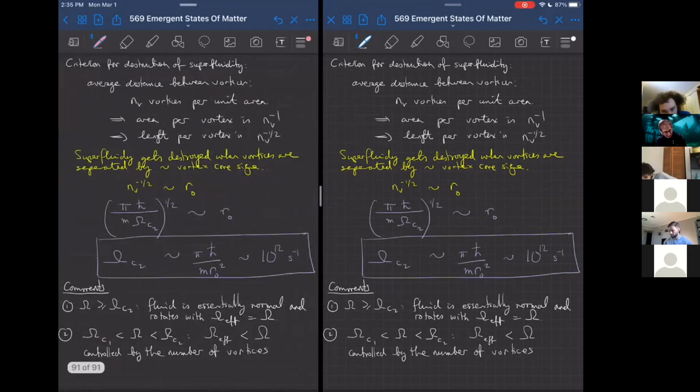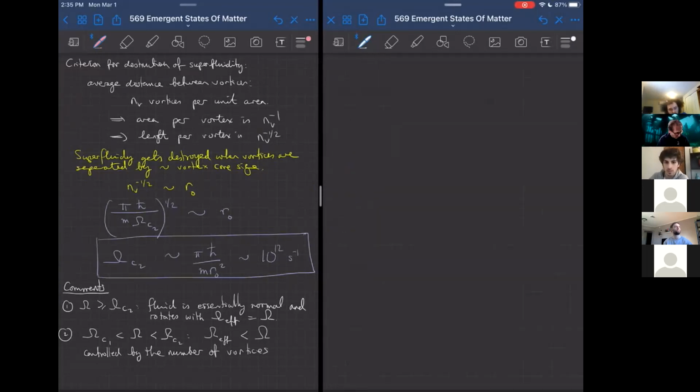So what we can do is we can work out a kind of moment of inertia of the superfluid. So we can express this in terms of a moment of inertia. So how do we do that?